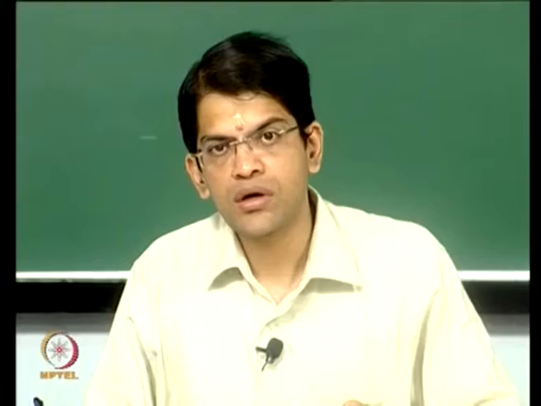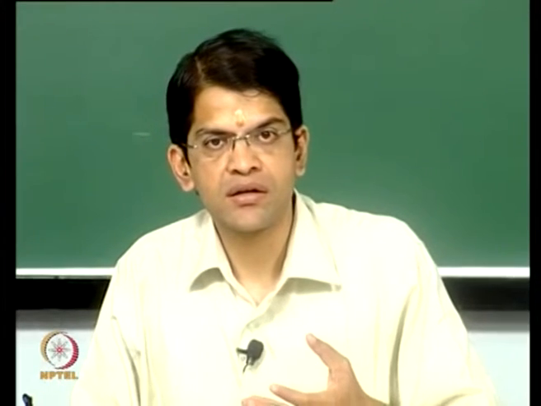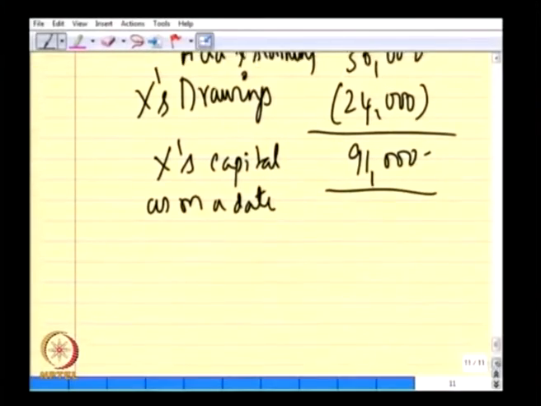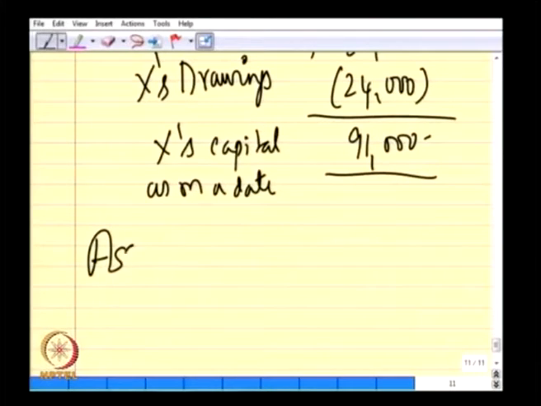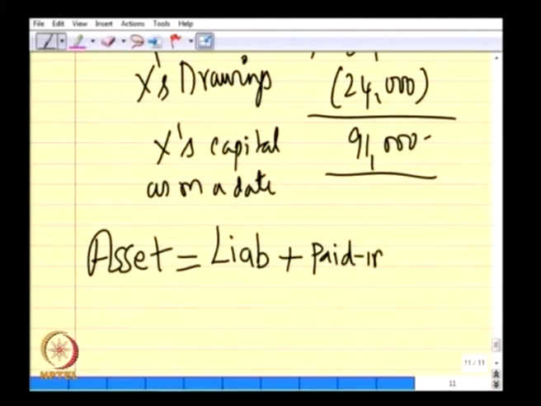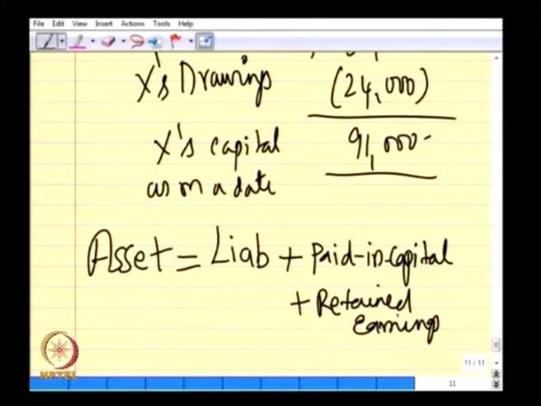So, the capital part, the equity part can also be expressed even for unincorporated entities. Now, let us see whether with this input we can still expand our fundamental equation, which is assets is equal to liabilities plus, now your owner's equity gets split into two parts, paid in capital plus retained earnings.